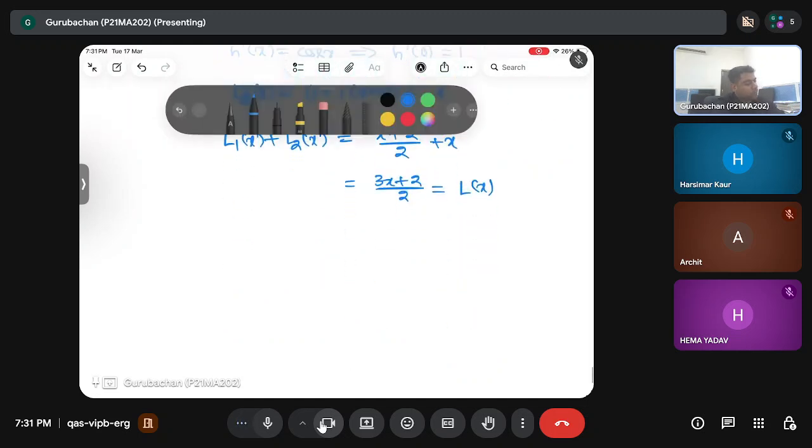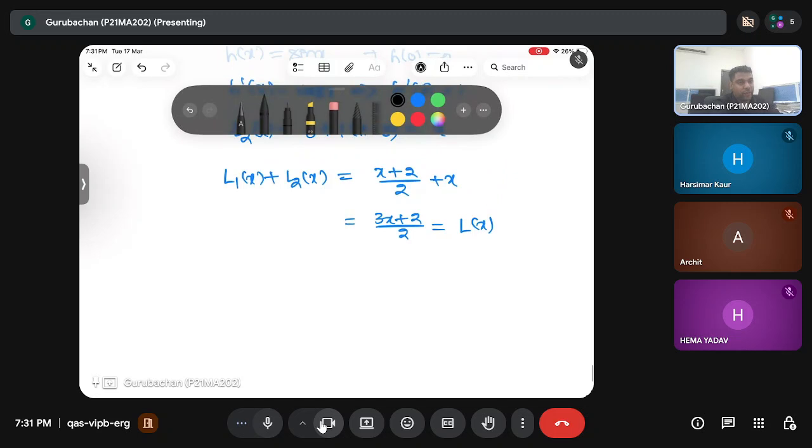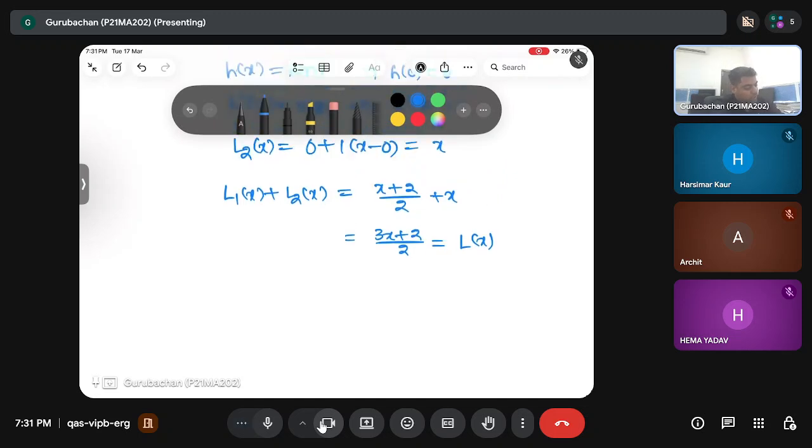Okay, so the next one is related to the differential. Let me recall what the differential is. If you have been given a function y equal to f(x) and this is a differentiable function, then dy is nothing but f'(x) dx.